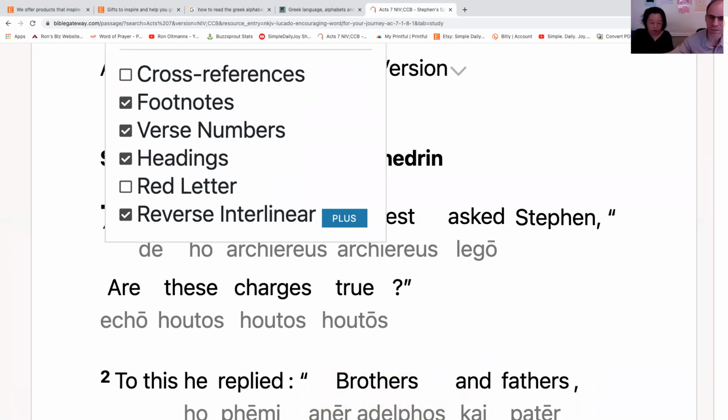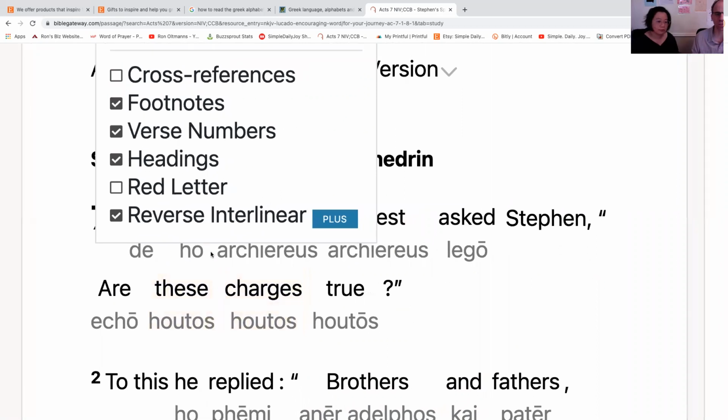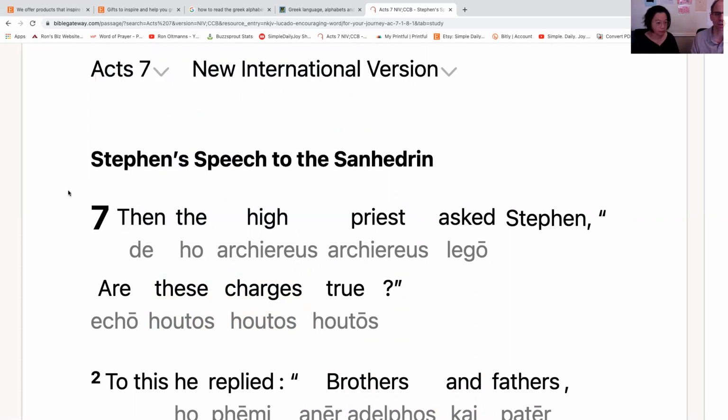Sure. Okay. The first thing I would say, this word interlinear, there's no big mystery behind that. Basically, there we go.